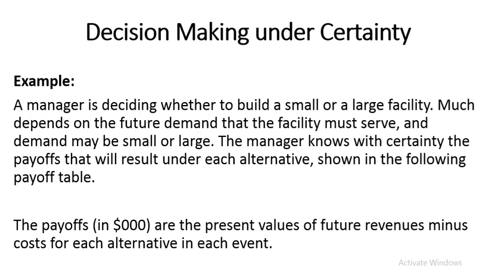And he's saying in this scenario, the manager knows with certainty the payoffs that will result under each alternative, and those payoffs he has represented with the help of the table.